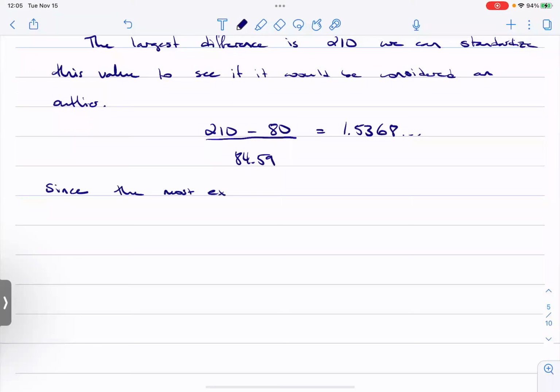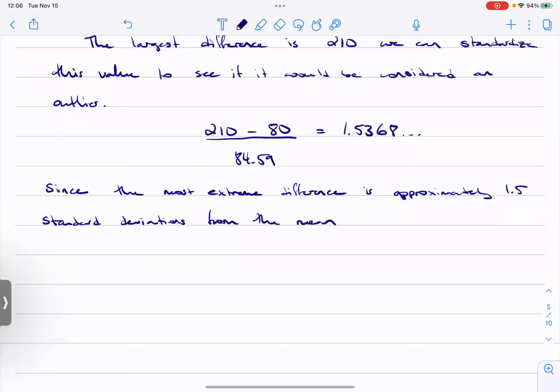Since the most extreme difference is approximately 1.5 standard deviations from the mean, I'm going to say I am not concerned about outliers in this data.